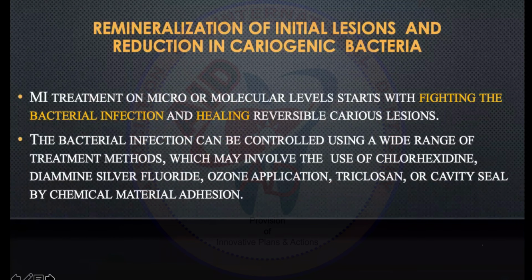Then remineralization of initial carious lesion and reduction in cariogenic bacteria, because we know that biofilm is responsible, and in biofilm the harmful bacteria are responsible for causing caries. So apart from recalcification, we need to tackle the bacteria by using chlorhexidine, diamine silver fluorides, ozone applications, triclosan, and cavity seal by chemical material adhesions.